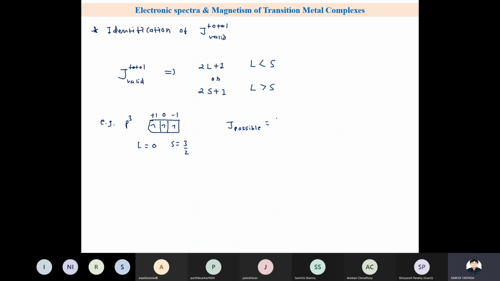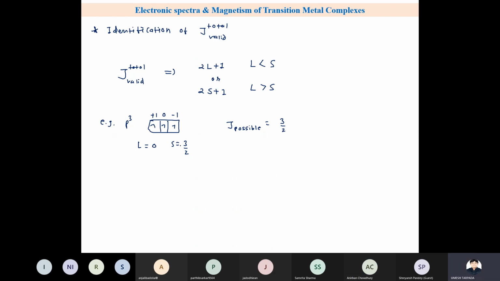So starting from 3 by 2 and the end is also 3 by 2, so only one value is there. How many possible values? Only one.